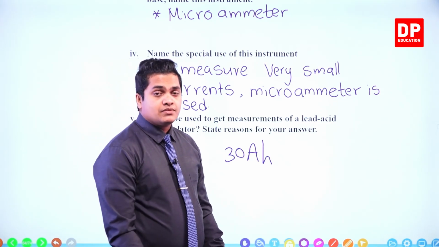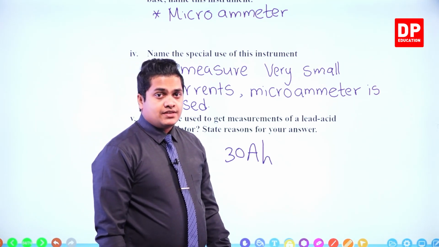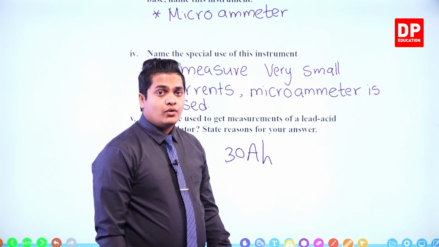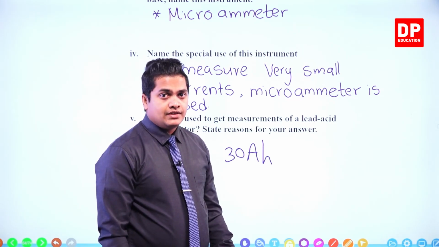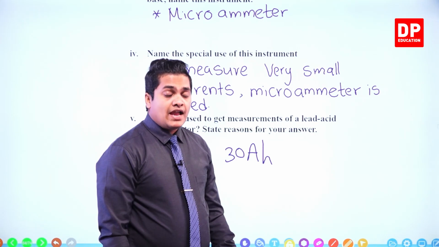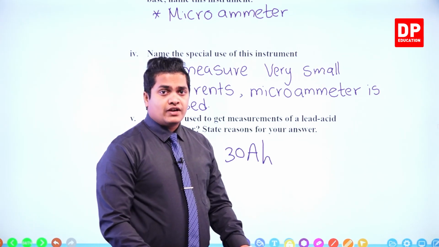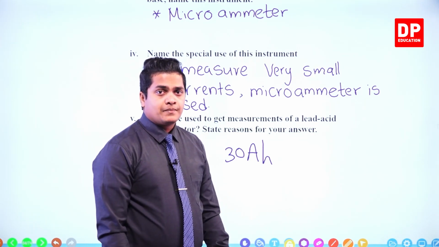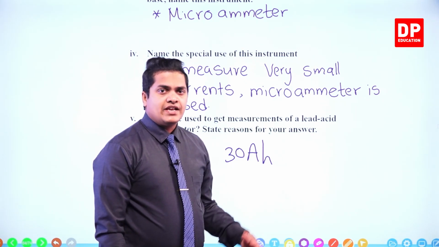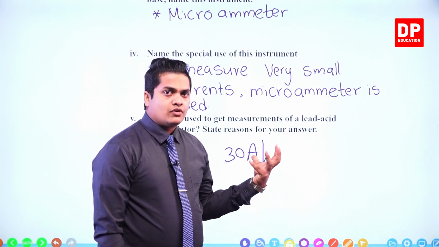30 ampere hours means that if 30 amperes of current is being drawn out, then we can operate that circuit for 1 hour.